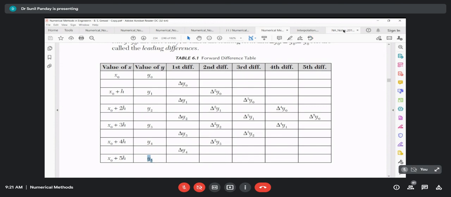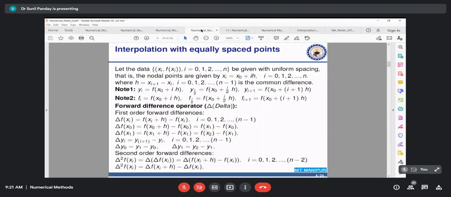So this is the definition of the first difference operator: delta of f of xi equals f of xi plus h minus f of xi.